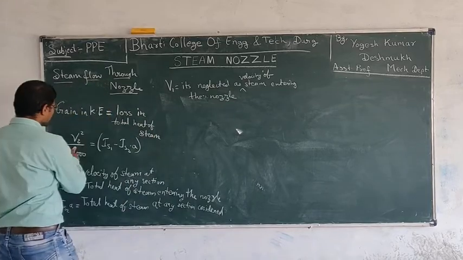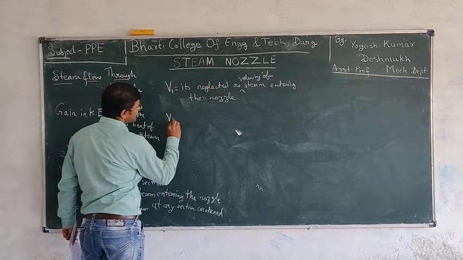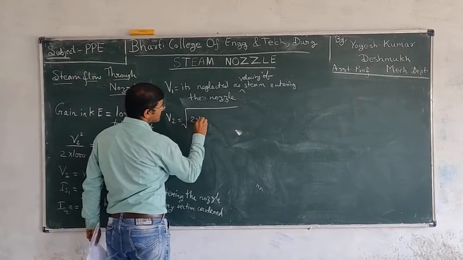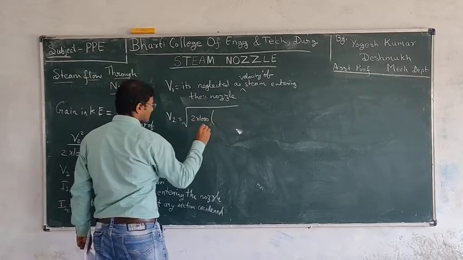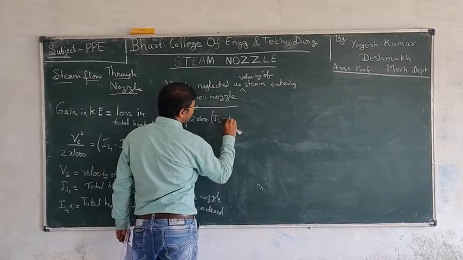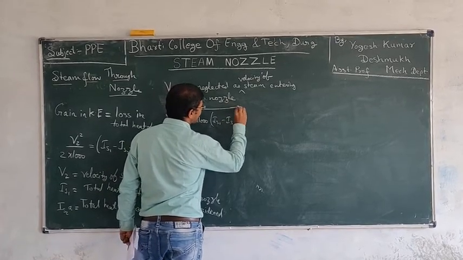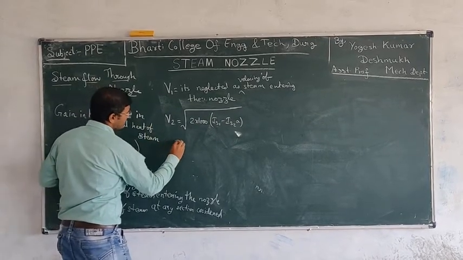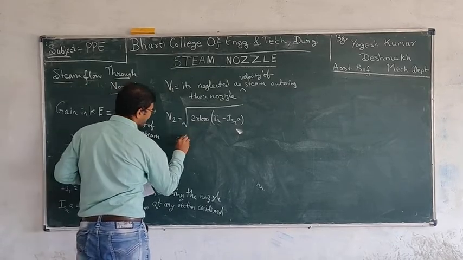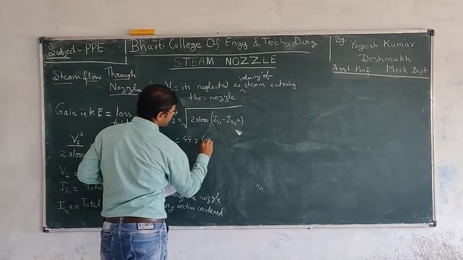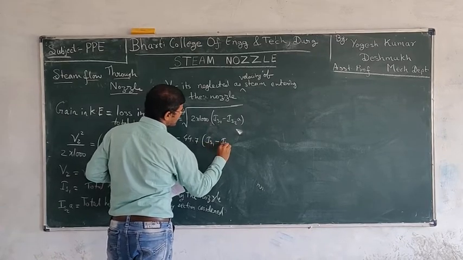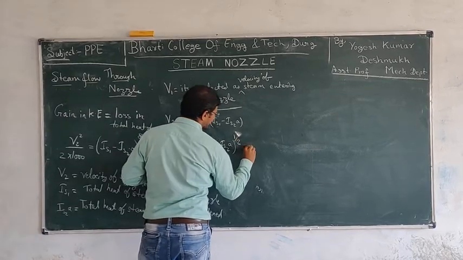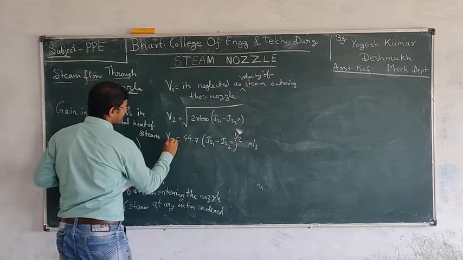Simplifying this, we get V2 equal to the square root of 2 into 1000, or 2000, into IS1 minus IS2 into A. Or solving this square root, we get V2 equal to 44.7 into (IS1 minus IS2A) to the power 1 by 2, and the unit will be meter per second.